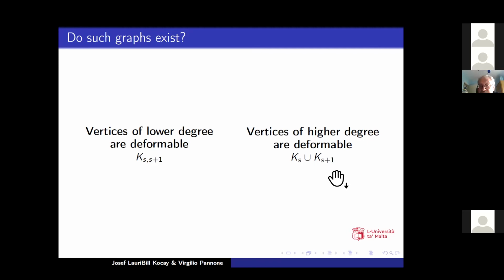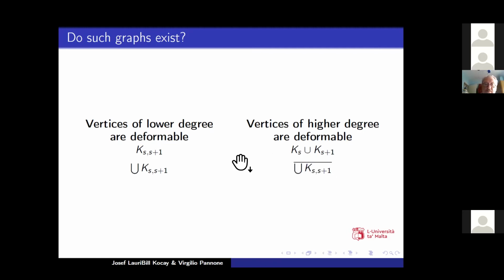And of course, if we take multiple copies of this, if we take 2 copies of this, we will still get a graph which has all the vertices of the lower degree deformable. Okay, and it is still constant degree splitting with the same parameters.